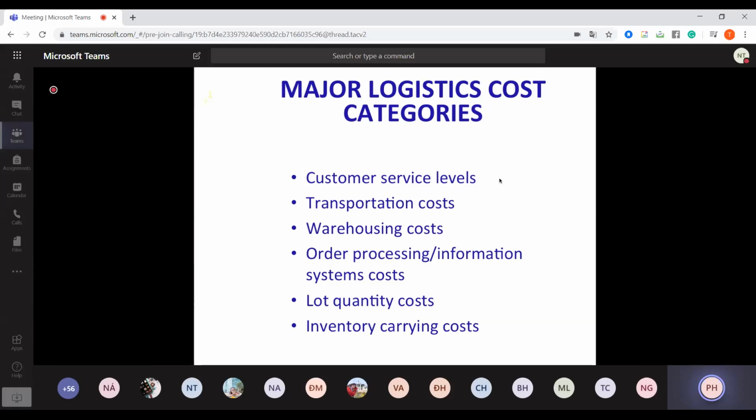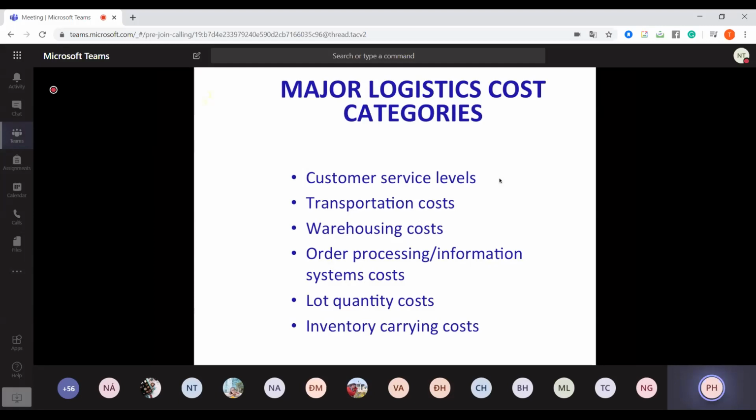Like we need to transport the raw material from the supplier to the factories, then from the factory to the wholesaler, wholesaler to retailer, retailer to the customers, and so on and so forth. So between any different parties in the logistics system of the supply chain, we need transportation activities. That's why transportation costs usually account for one third of the total logistic activity cost.